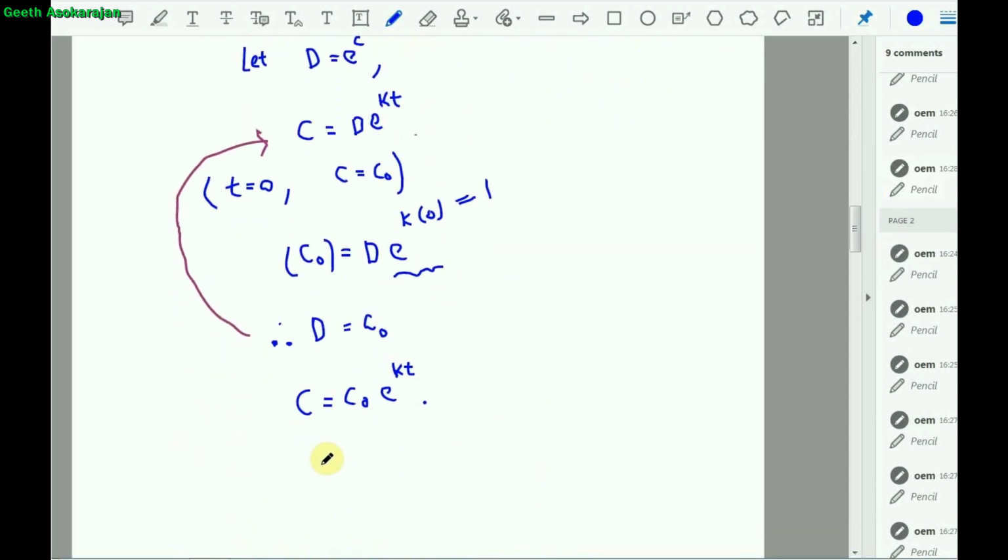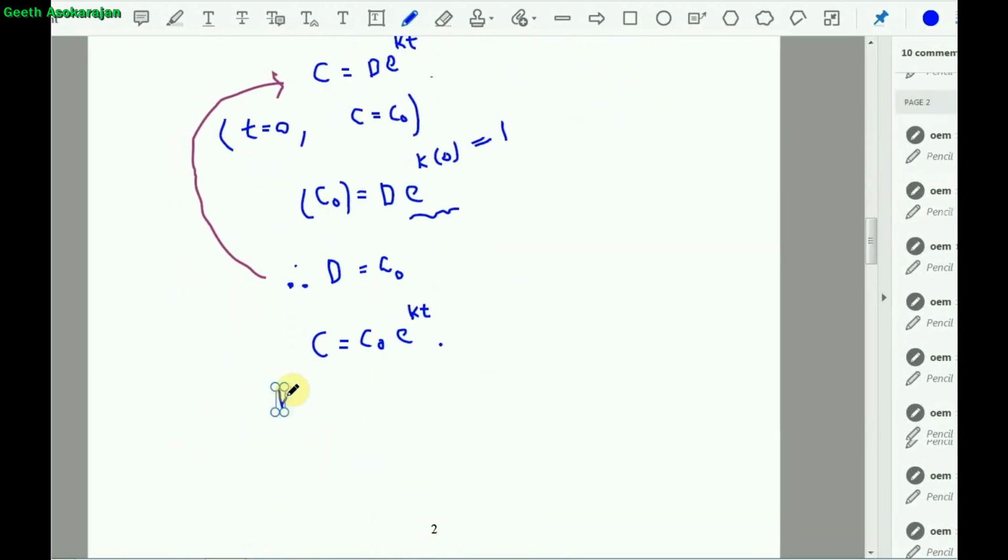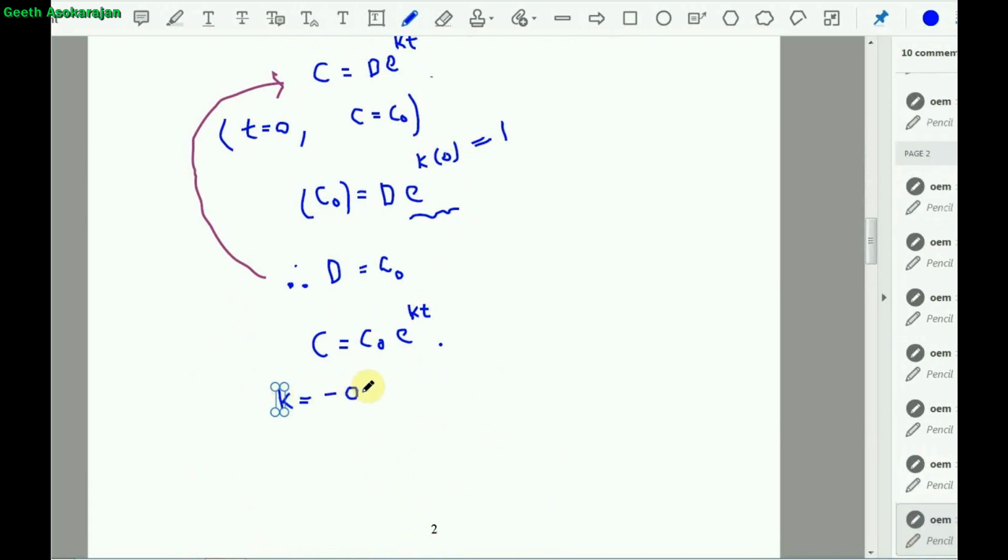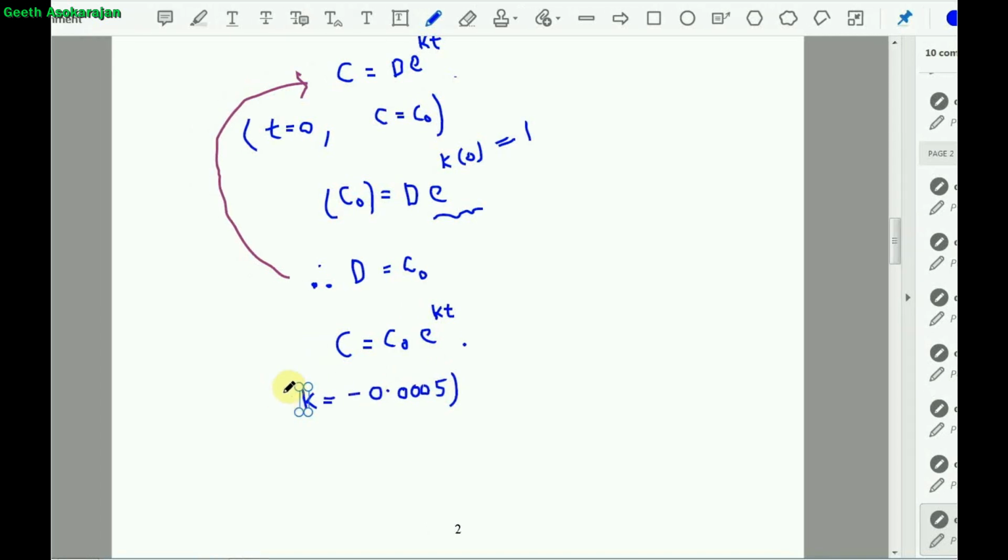Let's have a look. In this case, k is minus 0.0005. If we perform that replacement, we get C equals C0 e to the minus 0.0005 t.